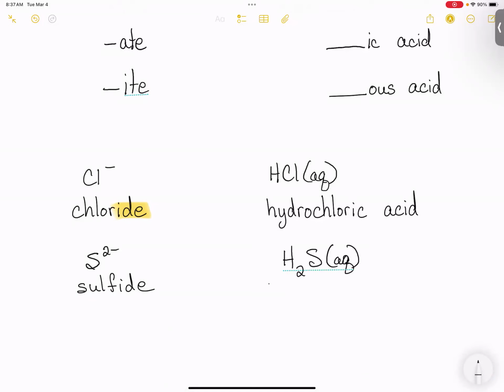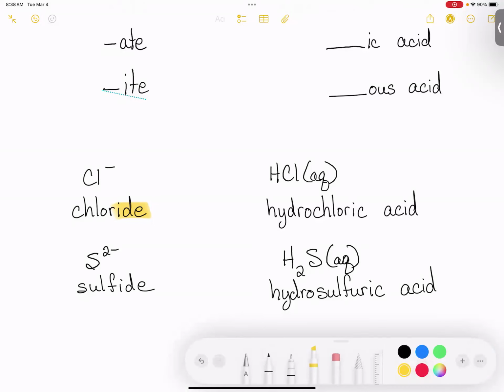And number two would get the prefix hydro, sulfur, ic acid. So that is hydrosulfuric acid. All because the anion had the ending IDE.